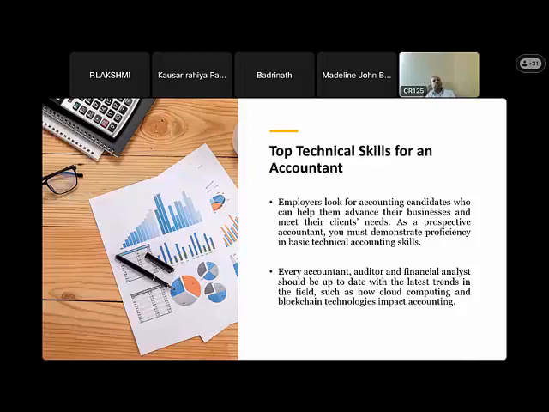Now let's talk about the technical skills required for an accountant. Earlier, probably 5-6 years before, it's not a very long gap, particularly in India, an accountant was treated like a clerk.